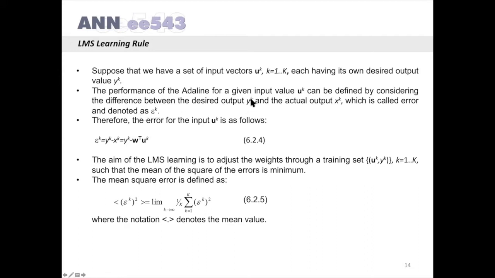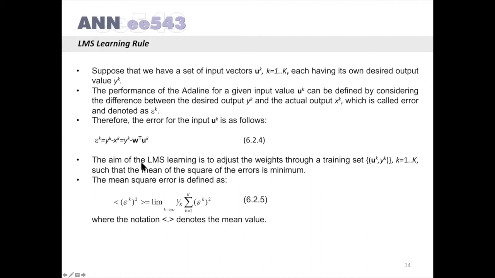This is the desired output and this is the actual output of the Adaline. Therefore, the error for the input u_k is as follows: epsilon_k, the error when the input u_k is applied, is equal to the desired output y_k for the input u_k minus the actual output when u_k is applied. This is equal to y_k minus w transpose u_k.